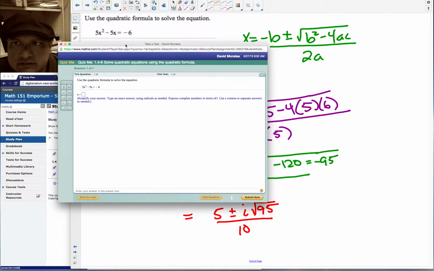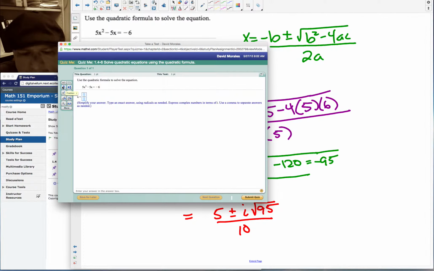So our answer is 5 plus, this is all going to be on, well, we have a fraction. 5 plus, let's see if it just accepts it without having to be at the end. i square root of 95 over 10, comma, 5 minus, where did I go?